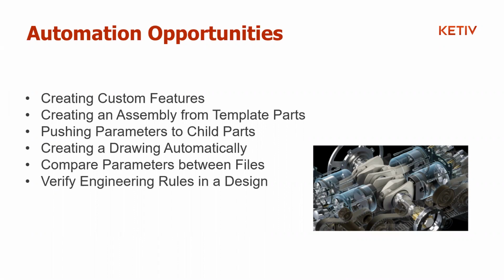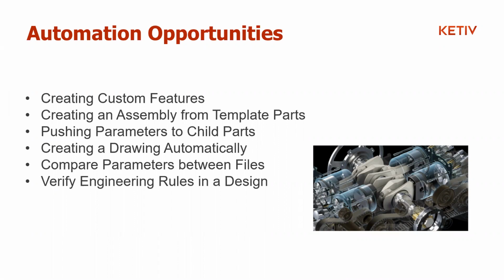Pushing parameters to child parts to update them, creating a drawing automatically: as long as you have a standard template of how you want your drawing to show up, you can push views and dimensions and populate it automatically, so your engineers don't have to do the basic stuff that takes up time. They can just focus on the details.